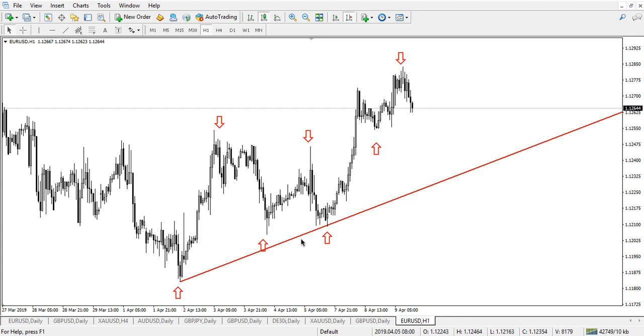This line goes below all the candles on the chart, and it also has two troughs on it. So an uptrend line is a line that connects two troughs, at least two troughs. Now what you're going to do is wait for the price to go down and reach this line. Then if it reaches this line, you would think about entering the market. You want to go long, you want to buy, you want to open a position. So this is one condition.